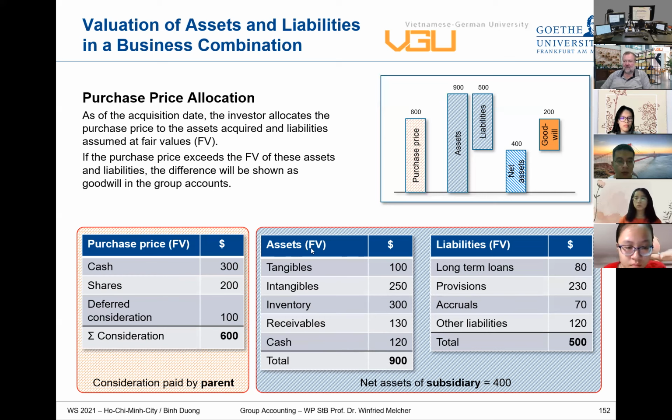See that I put a FV here that stands for fair value. All the assets are valued at fair value. This has nothing to do with the book values that the investee has in its financial statements. So we don't look at that. We would rather use that as a list of what is there and what should be valued at fair value.